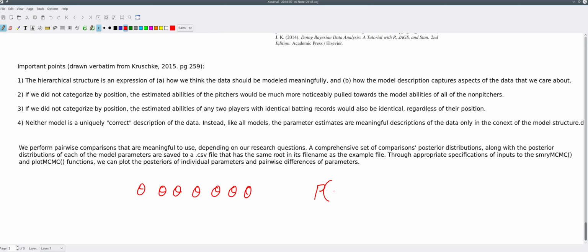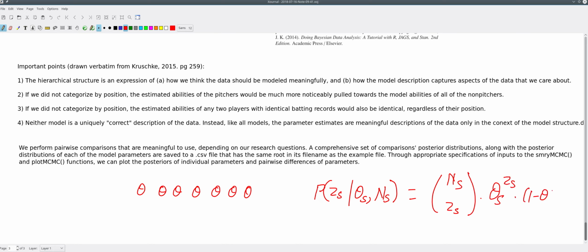P of generating, I'm writing from the book over here, theta s times ns is n s choose zs times theta s raised to zs times 1 minus theta s raised to n s minus zs.